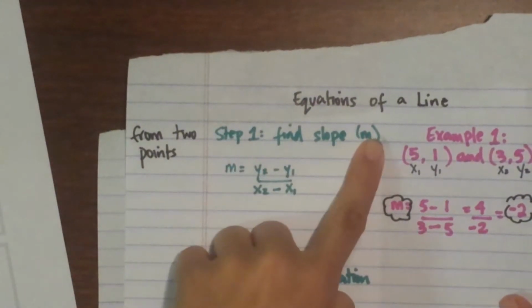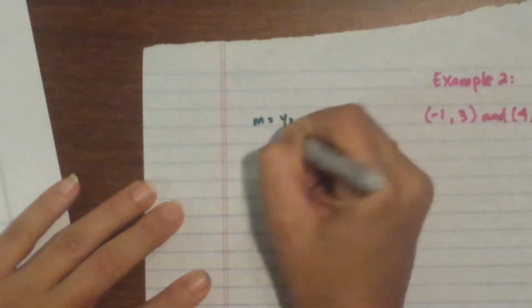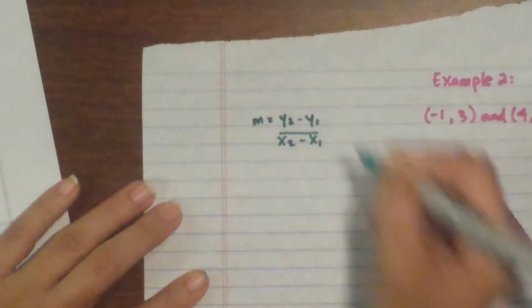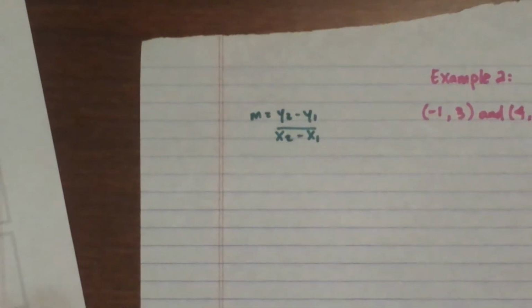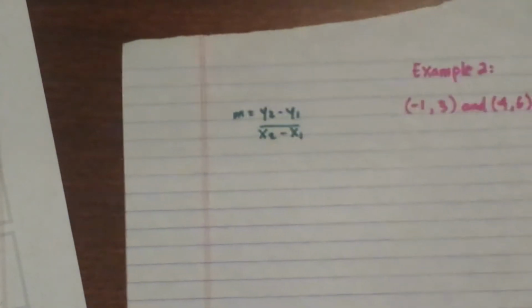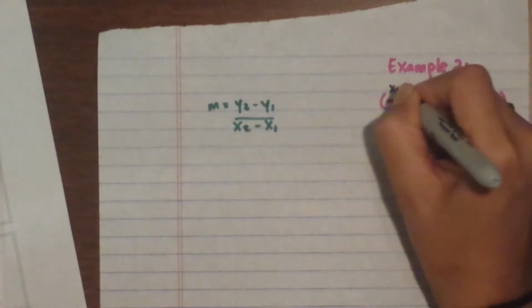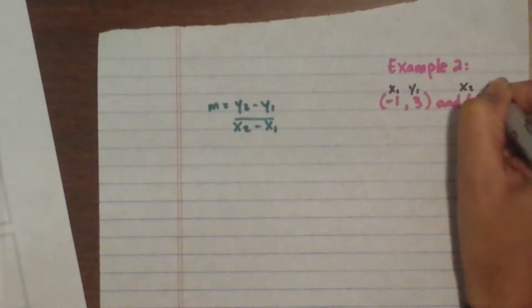So step 1, on my first sheet of paper, step 1 was to find slope m. m equals y2 minus y1 over x2 minus x1. All right, this part should be easy. In fact, I want you to see if you could go ahead of me and find the slope before I actually find it. And then I'm just going to come back behind. So first step, always label x1, y1, x2, y2.